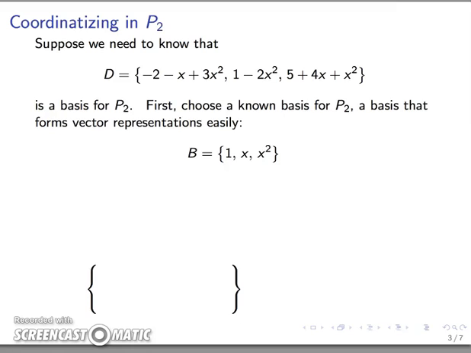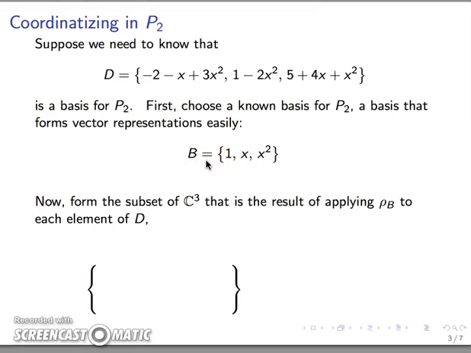So these are the powers: this is x to the 0, here we have x to the 1, and then we have x squared. What will come next is to consider each member of the set D as a linear combination of the basis elements of this basis B. This is not difficult to do.